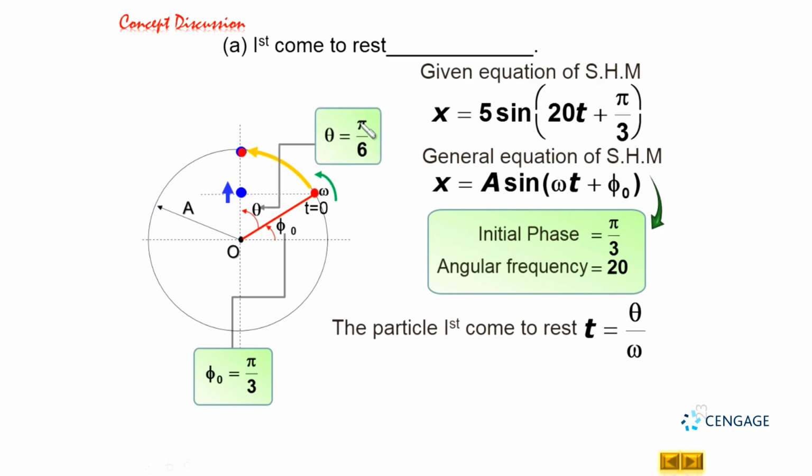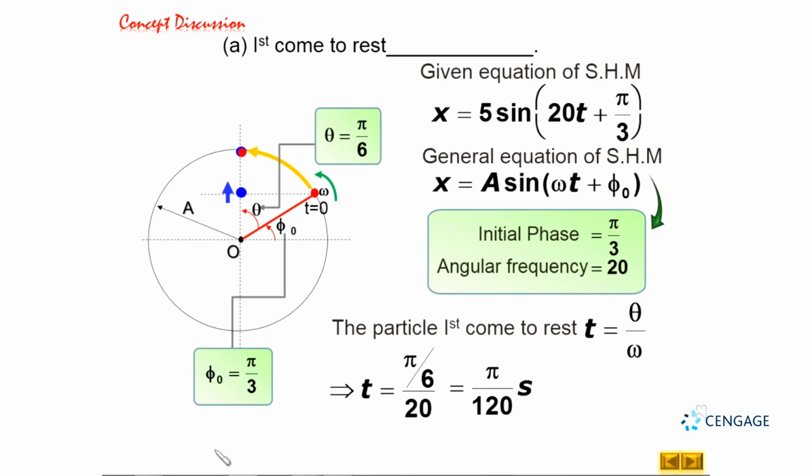Now we can substitute the value of θ, and we know ω equals 20. So t = (π/6)/20, which is equal to π/120 second. This is the time when the particle first comes to rest.